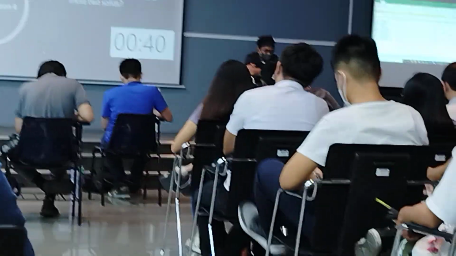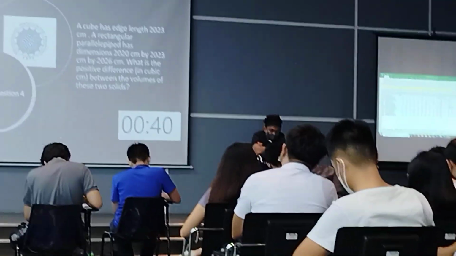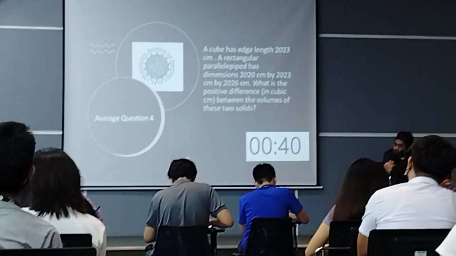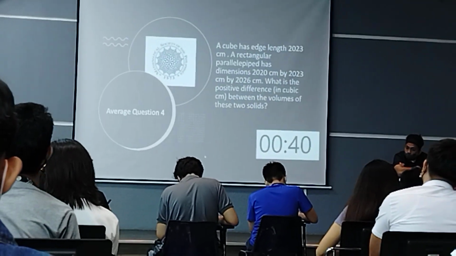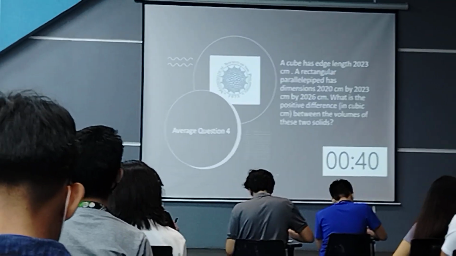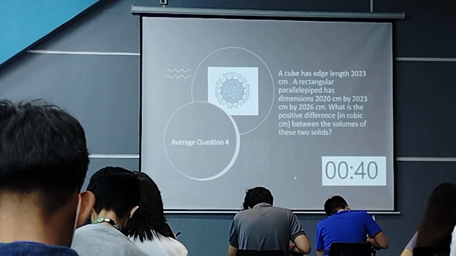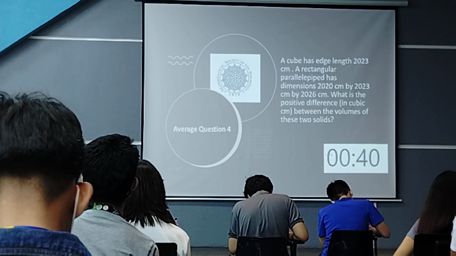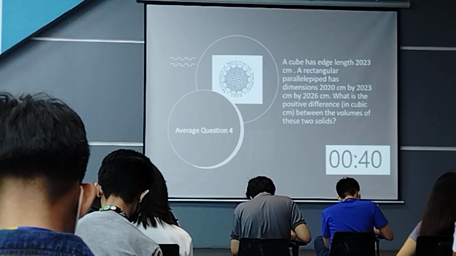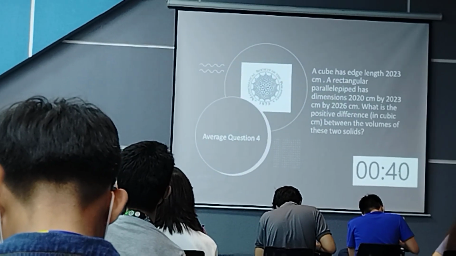Let me repeat. A cube has an edge of length 2023 centimeters. A rectangular parallelepiped has dimensions 2020 by 2023 by 2026 centimeters. What is the positive difference in cubic centimeters between the volumes of these two solids? Go.